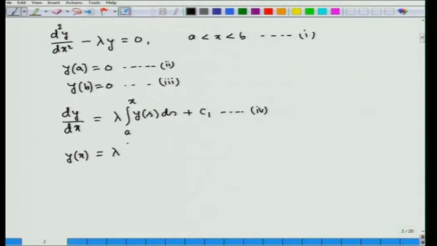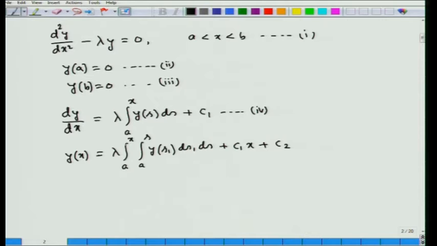Ultimately we have integral a to x, then integral a to s y s1 d s1 ds plus c1 x plus c2. Note that this C2 takes care of minus C1 a, and although the value of y at a equal to 0 is given, I am still writing C2 here, because using the two boundary conditions we will be able to evaluate C1 and C2.